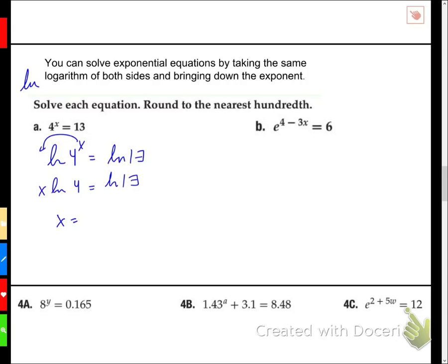So I can divide by natural log of 4, and I can get x equals natural log of 13 divided by the natural log of 4. Let's see what that is in our calculators. All right, so I ended up getting 1.850 right here. Whenever we've got something that's a small number, something that has just one whole number and then a bunch of decimals, let's use 3 decimal places.